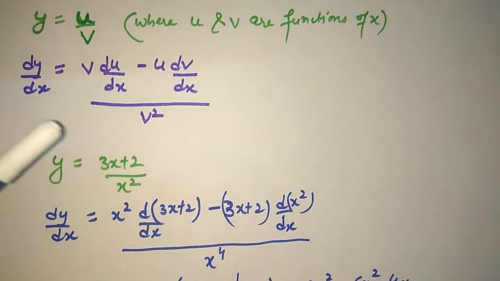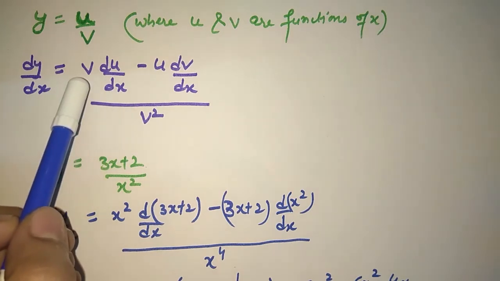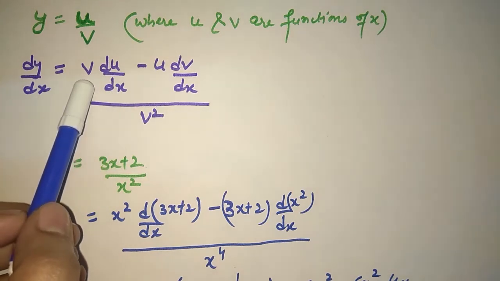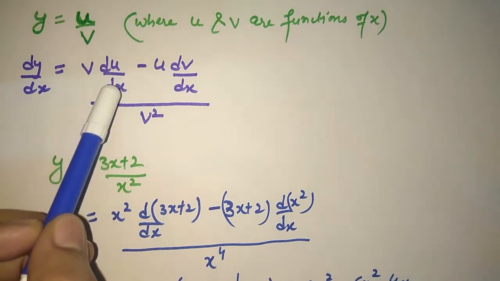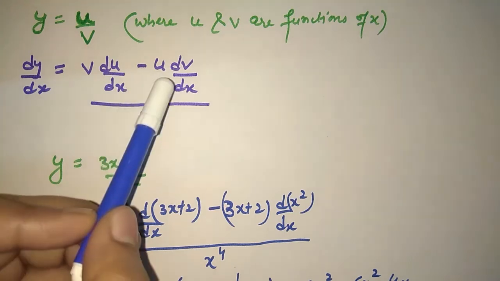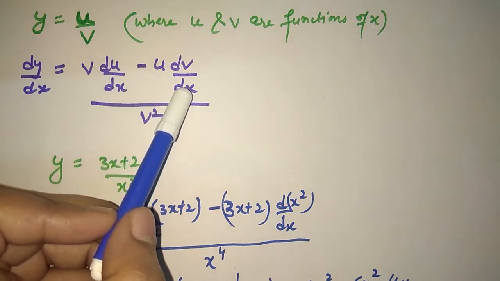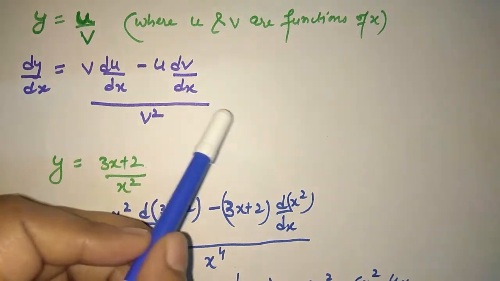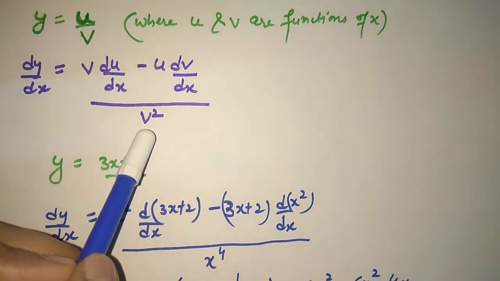So for this we have to use this formula, that is write the second function as it is, that is v, and find the derivative of first, du upon dx, minus write the first function as it is and find the derivative of second, that is dv upon dx, upon square of the second function, that is v square.